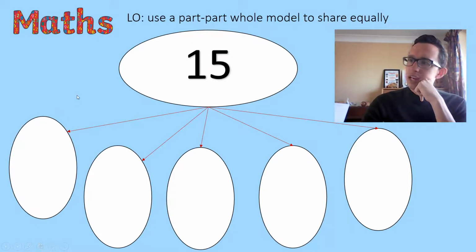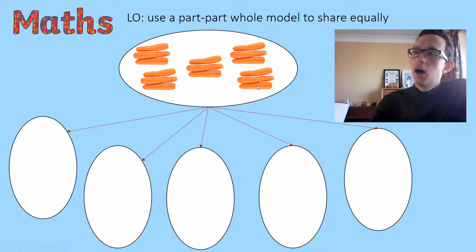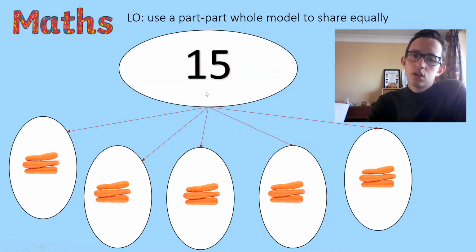So if we have 15, I've changed my objects into carrots this time. 1, 2, 3, 4, 5, 6, 7, 8, 9, 10, 11, 12, 13, 14, 15. And if you notice, I've actually grouped them already into 5 groups. So we can move those groups straight in, and we've still got that big number 15 at the top there.